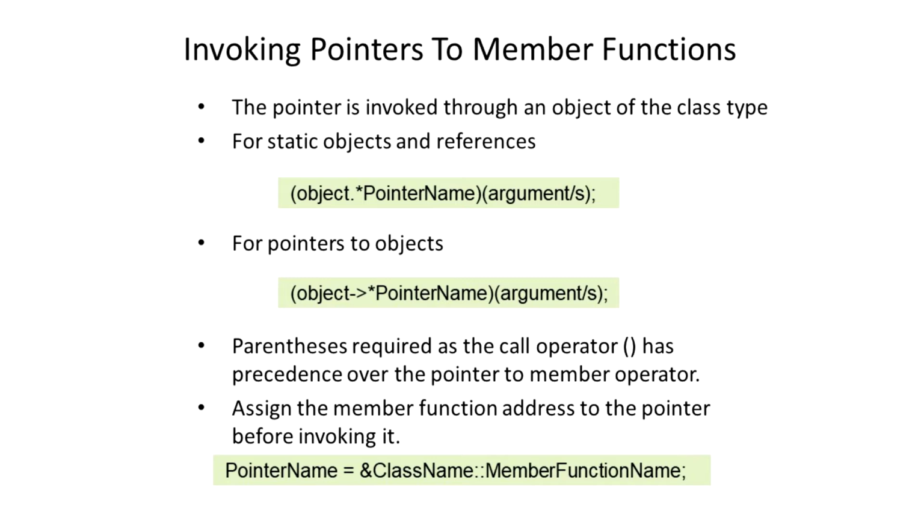So you'll see in the second green box, within the first pair of parentheses, we would have the object followed by arrow link, and then the pointer name with the asterisk, of course, followed by the arguments. So that's the syntax that we have to abide by, depending on which type of object that we have, whether it's a static object or pointers to objects.